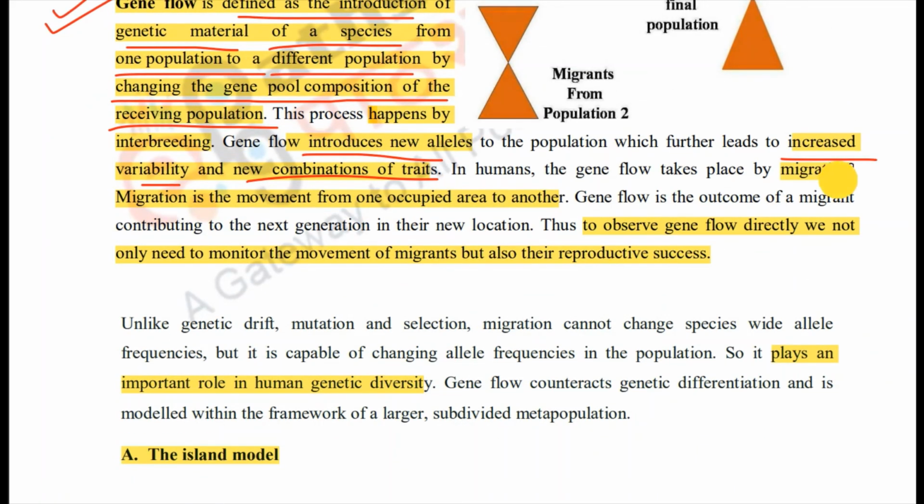The most important way by which gene flow occurs is through migration. Migration is understood as a movement from one occupied area to another, right? So from one geographical location to another, or one gene pool to another, is how you study the migration occurring, and along with the migration, genes flow.